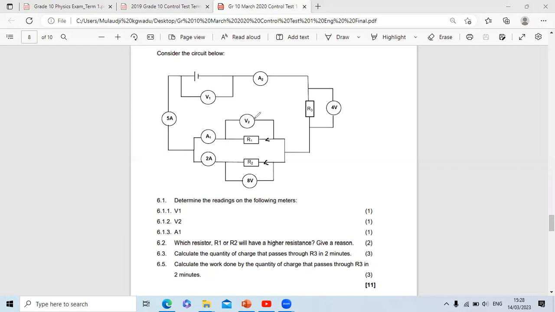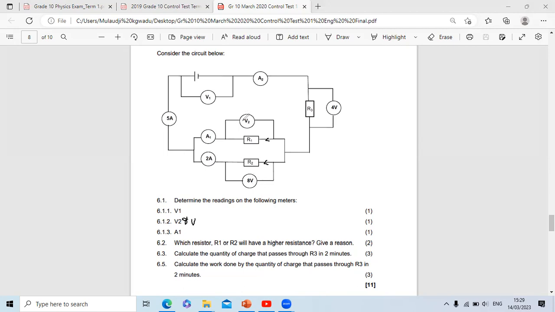So just from that, we already know that the reading on V2 is going to be 8 volts, because resistors that are in parallel divide the current, but the voltage going through them is equal regardless of the resistance.